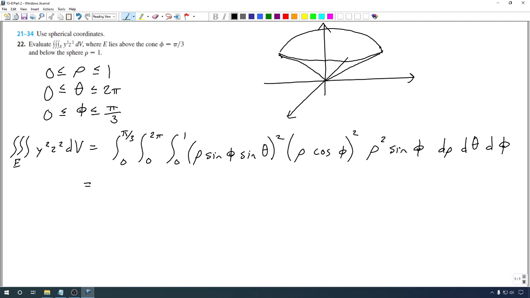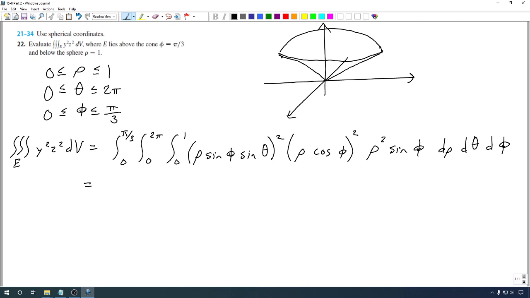Now, most of these problems, we don't want the actual integration to be the trickiest part, though we are going to have to deal with some powers of sines and cosines, and those might be a little tricky. But most of them will be things that we can pull apart, especially since we're working with these spherical wedges. We have stuff multiplied together that is in terms of rho, stuff in terms of theta, and stuff in terms of phi.